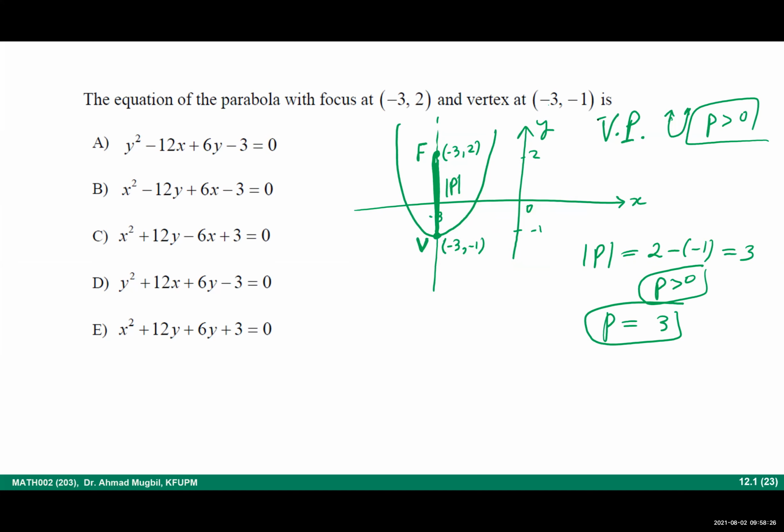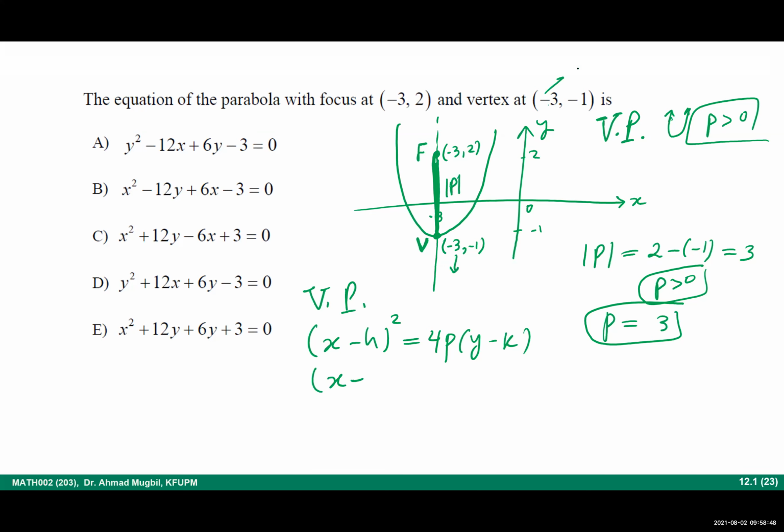Now we have p, guys. Because we said that it is vertical, it is a vertical parabola. What is the equation of the vertical parabola? (x minus h) squared equals 4p(y minus k). I have h and k, so it is x minus h. What is h? Here it is.